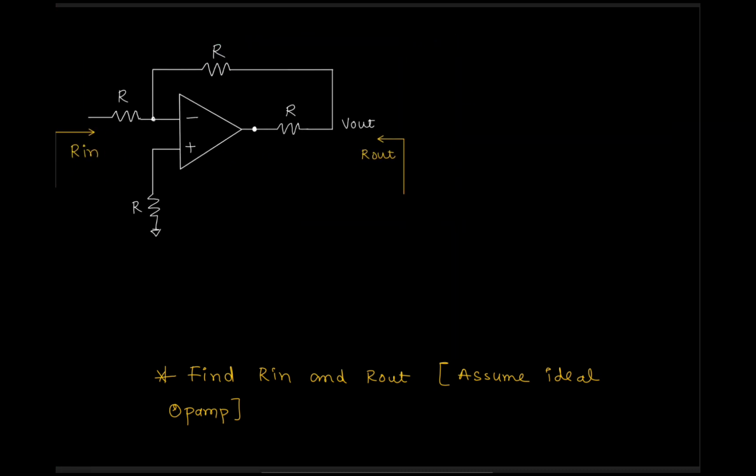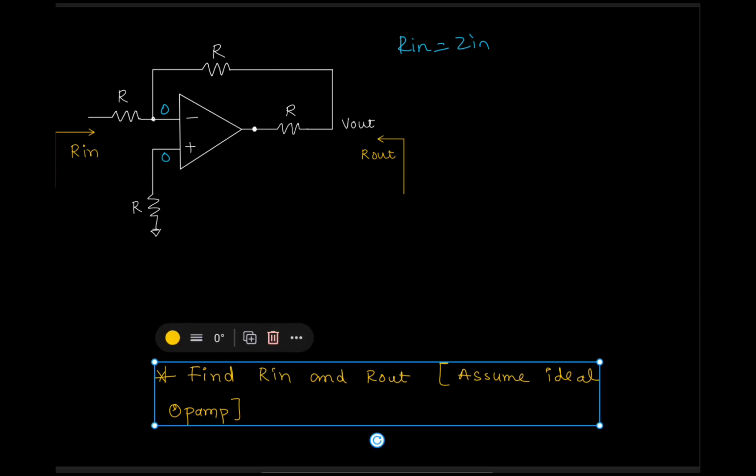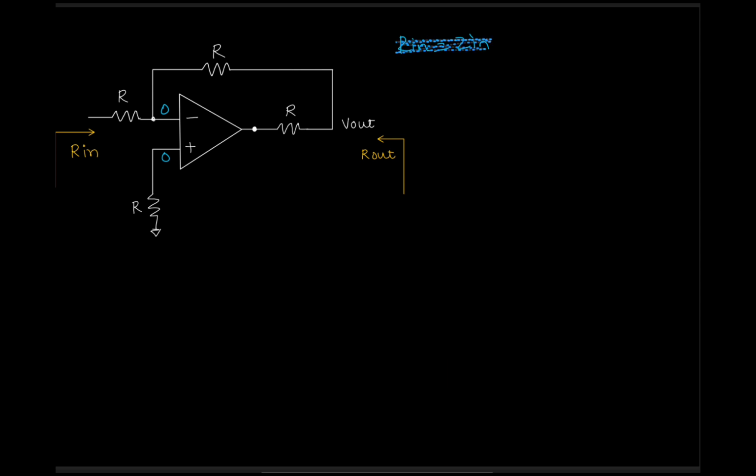So in this question, Rin is the same. This is 0. This is 0. So Rin is R. Okay, I will just remove this so that we can have a good space. We have this.